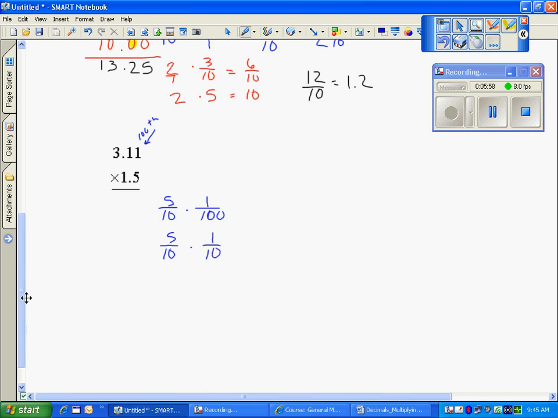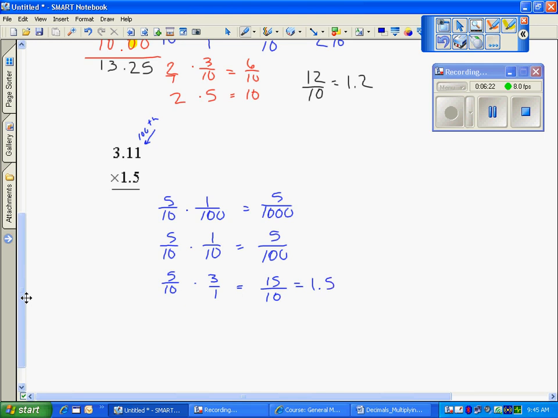And I need to take 5 tenths times 3. Multiplying, don't forget to multiply your denominator. 100 times 10 is 1,000. Numerator is 5, denominator is 100. Numerator is 15, denominator is tenths. Recall 15 tenths is the same as 1 and 5 tenths.